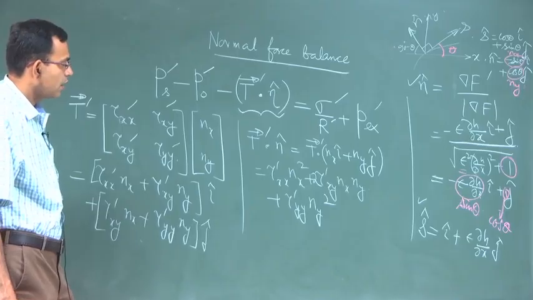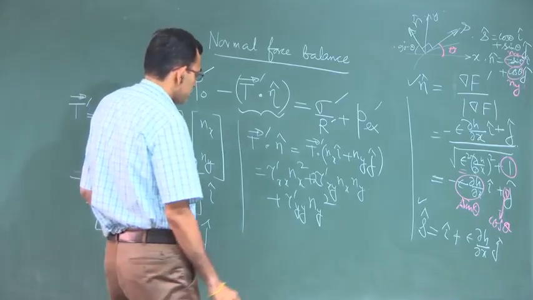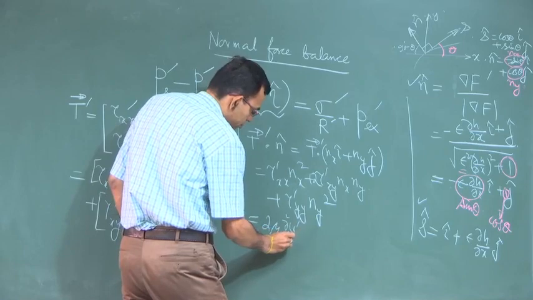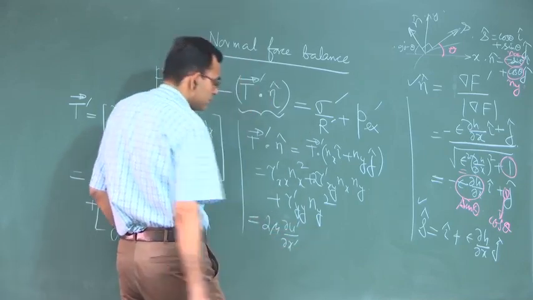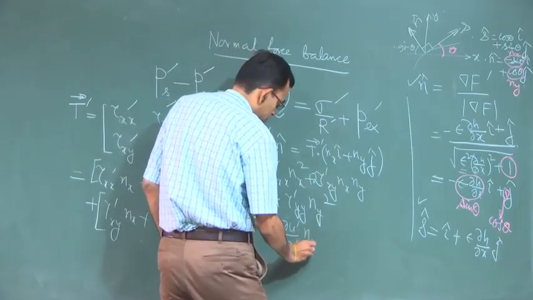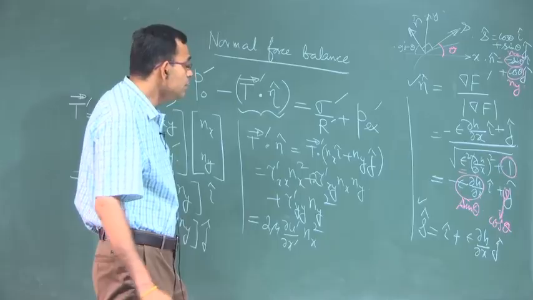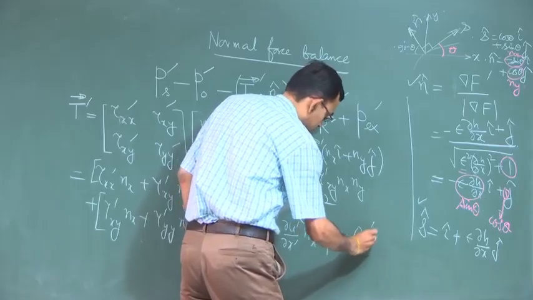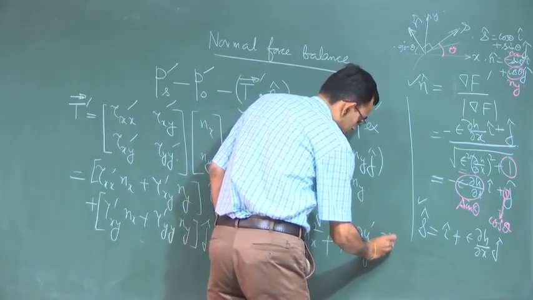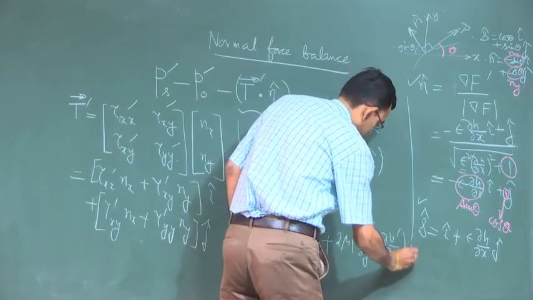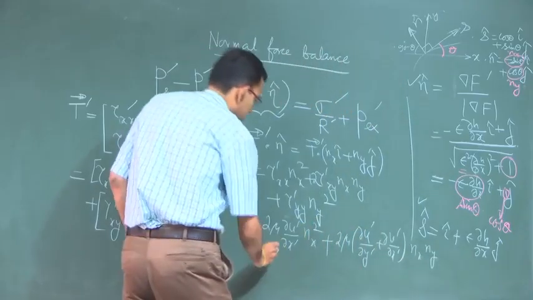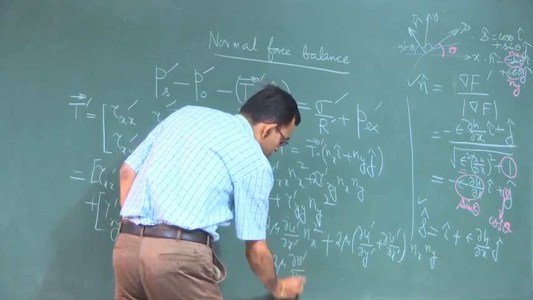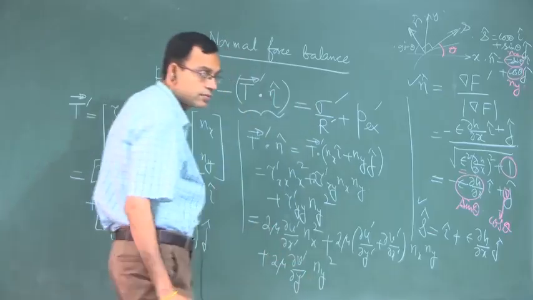Right. So, look at this now, let us write the expression for this. So, 2 mu, this, plus 2 mu, okay.